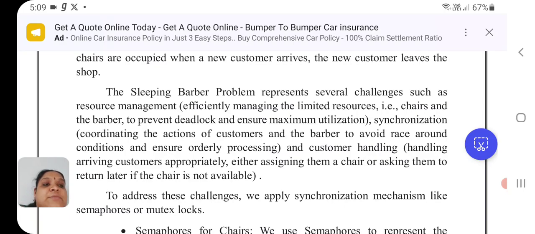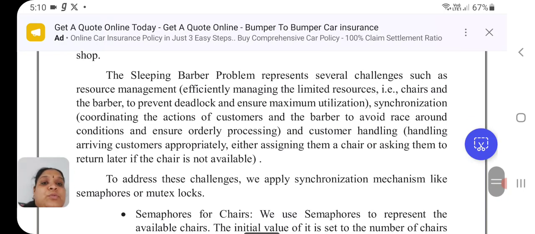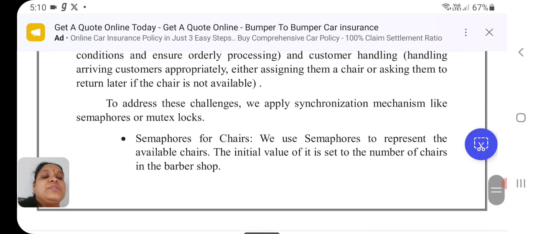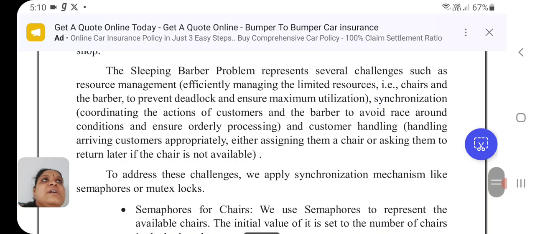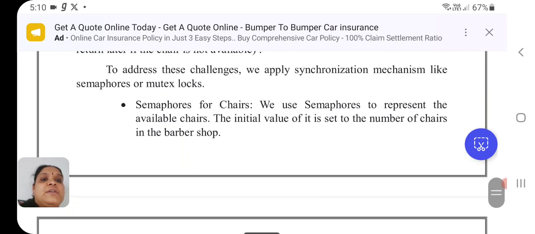And customer handling, handling arriving customers appropriately by either assigning them a chair or asking them to return later if no chair is available. These are the several challenges in this problem we have to face.